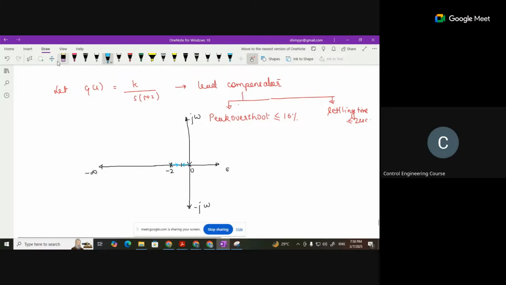I'm taking a bigger scale because there will be too many points, taking -1 here and -2 here, right?